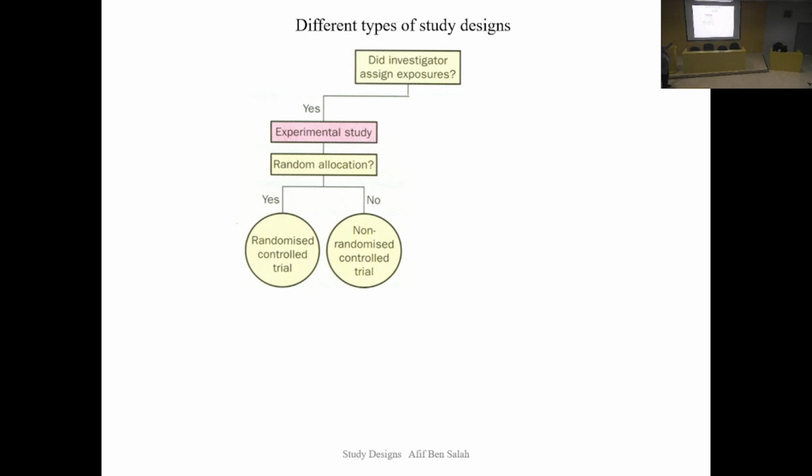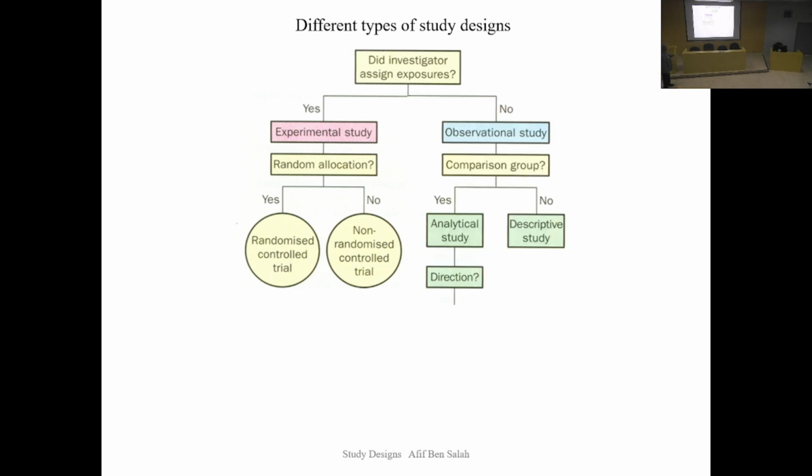And if we randomize, it is called an RCT, randomized controlled trial, or non-randomized controlled trial. In general, these experimental studies you will not do in life. Only those who will become specialized in epidemiology will do randomized controlled trials, will try new drugs, etc. This is high level.